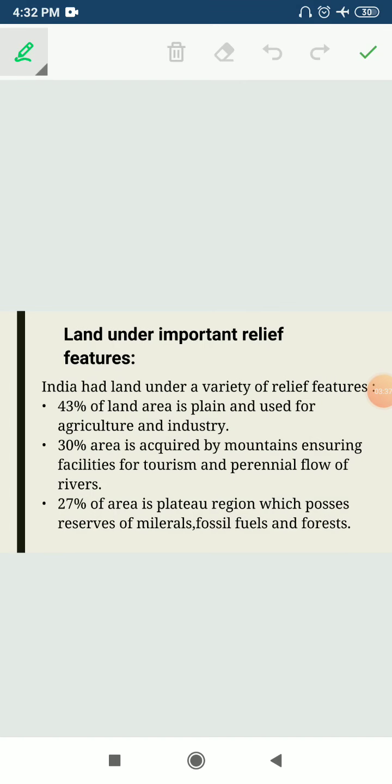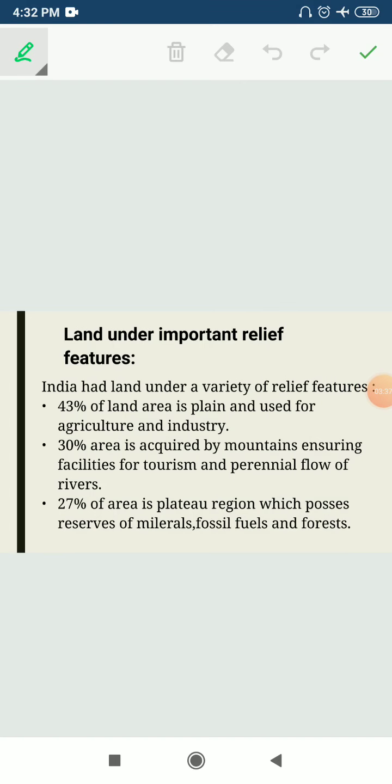The second is 30% of area is acquired by mountains, ensuring the facilities for tourism and perennial flow of river. Mountains are a site of tourist attraction. Therefore, these ensure the facilities for tourism and also the perennial flow of river. So, perennial here means throughout the year.